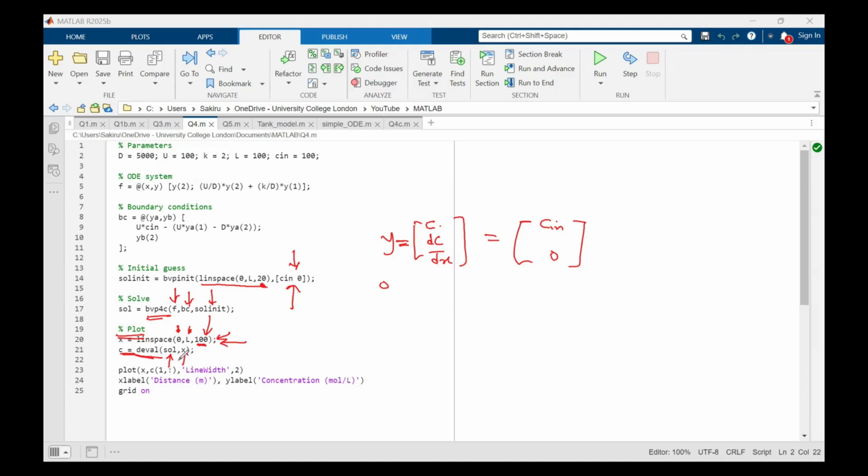Okay, so once you do that, then this C will now contain 100 points, which correspond to the X values, and C. So you have the 100 points, and then you have C that matches each point. And then you plot it. So that's what we're doing there. All columns, first row for C.